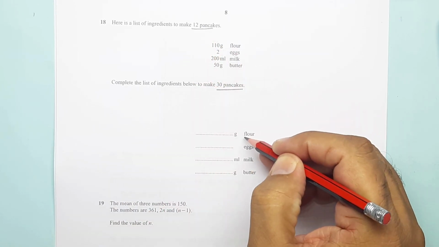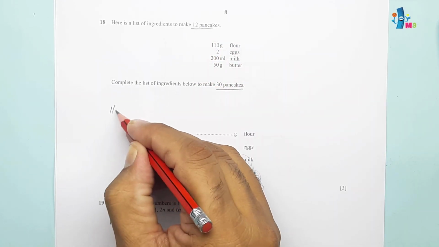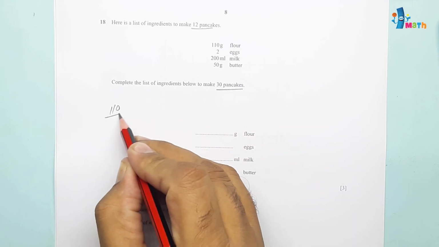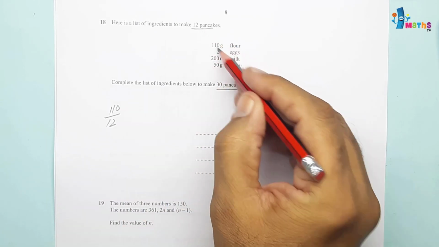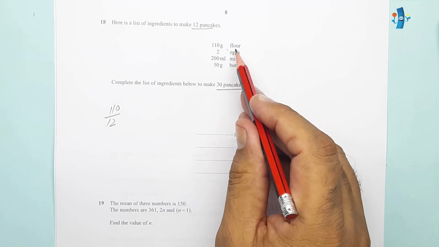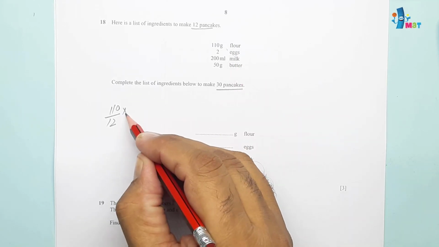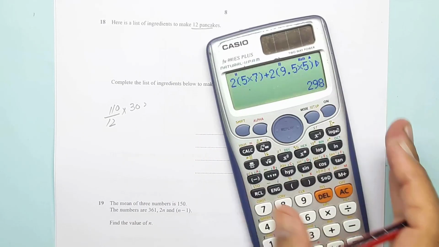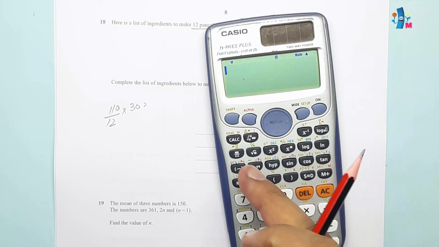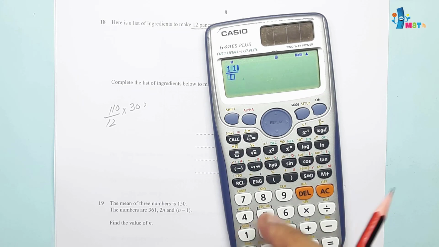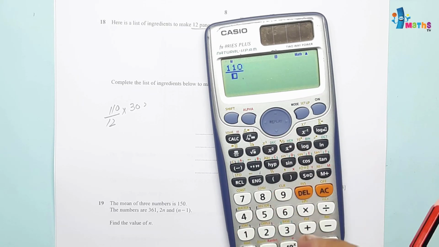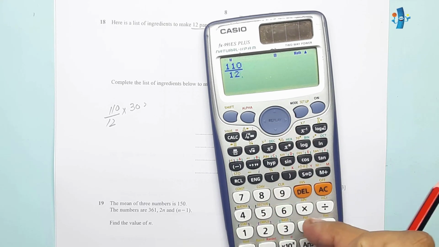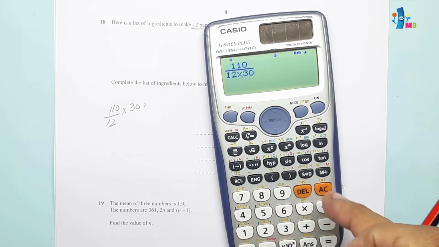So for flour, we'll be taking 110 and we'll be dividing it by 12, and we'll get the unit requirement, and we multiply this by 30, and this will give the amount for 30 pancakes.